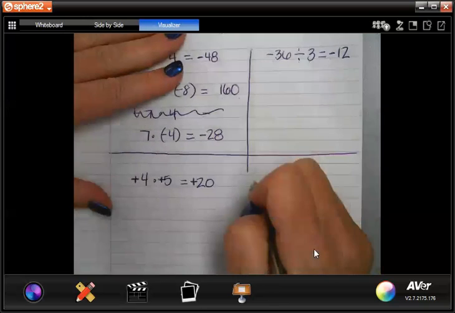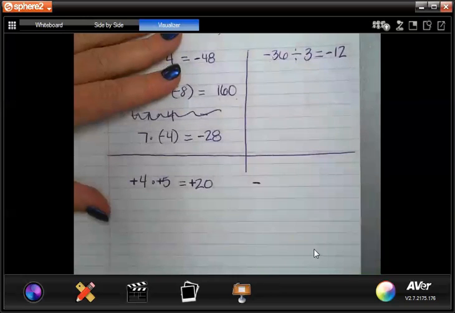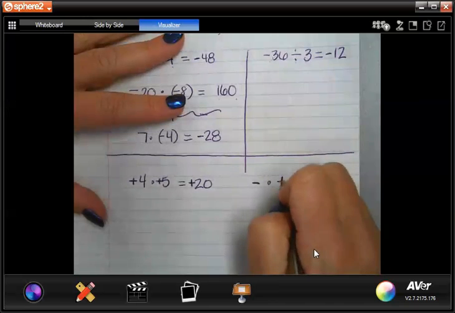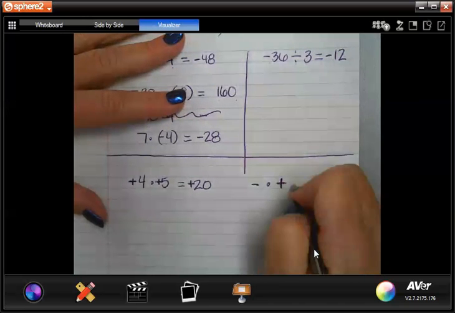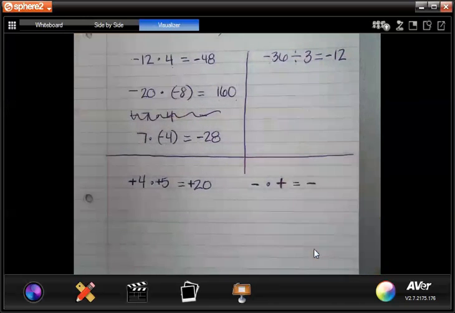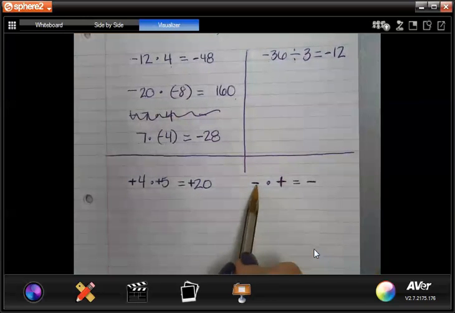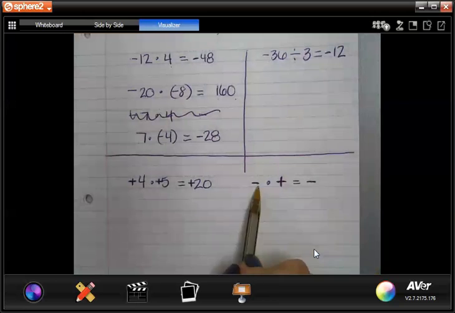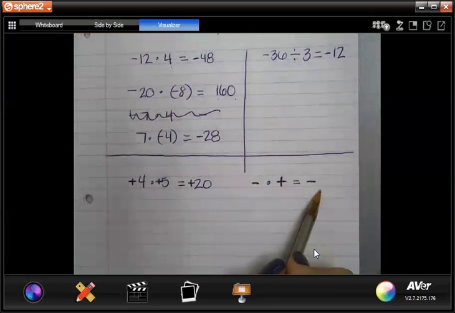When something bad, negative, happens to somebody good, positive, it's a bad thing. So like if Mrs. Parkin, because I'm a good person, right? You better be saying yes right now. When she gets a flat tire, it's a bad thing.